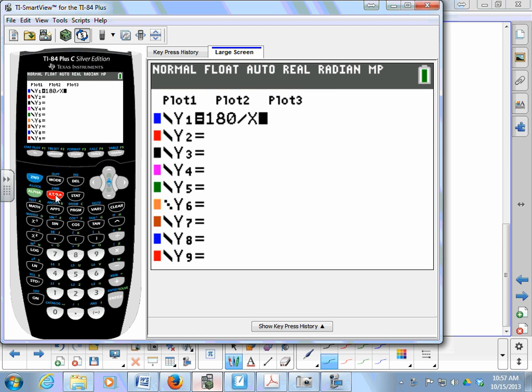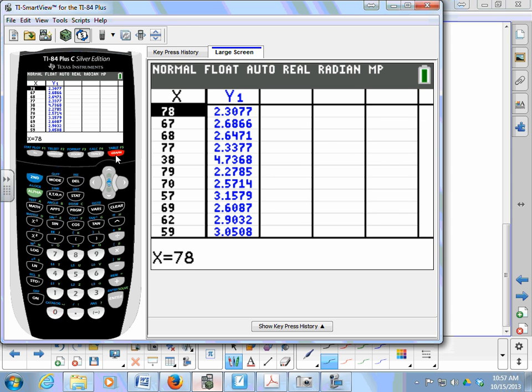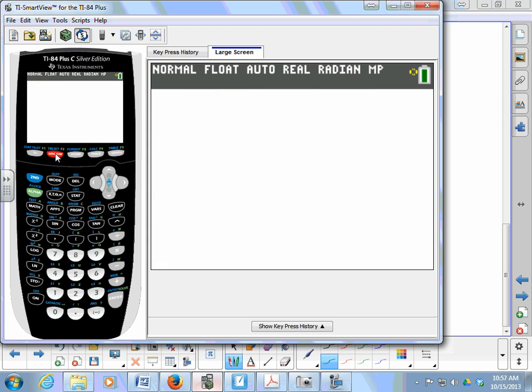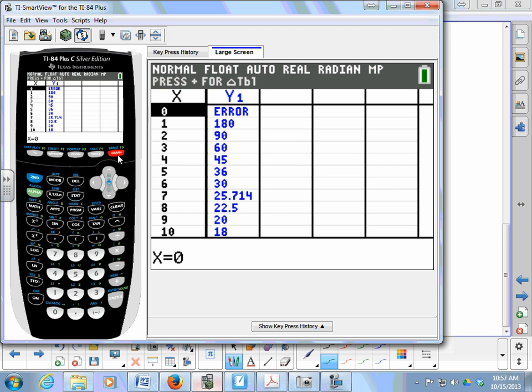Remember, the best way to check it is if you have your calculator, we can do 180 divided by x, and then we go to our table and start looking. Let's see, 4 goes into it 45 times, but 5 goes into it 36 times.